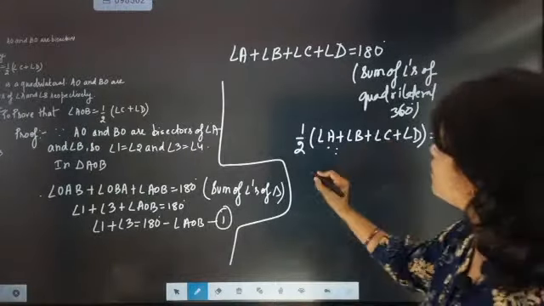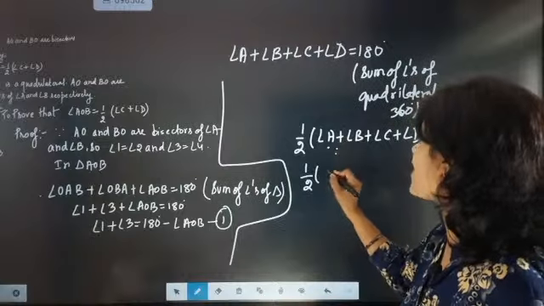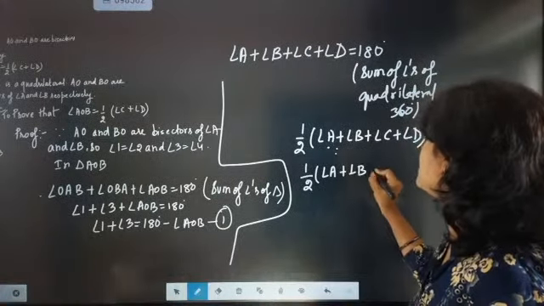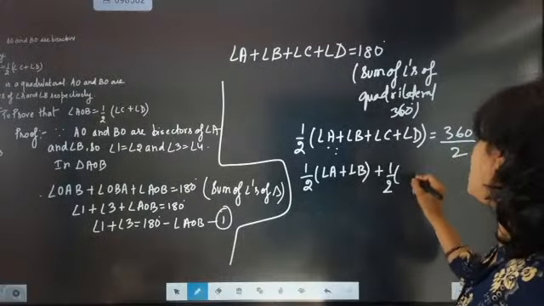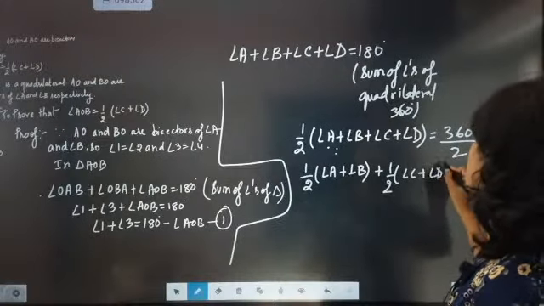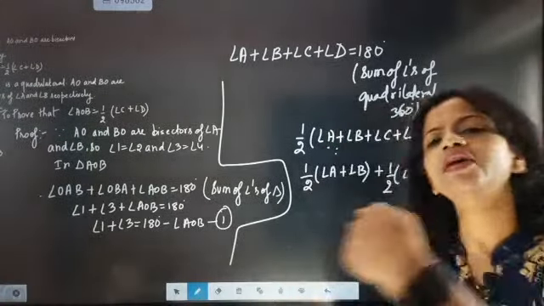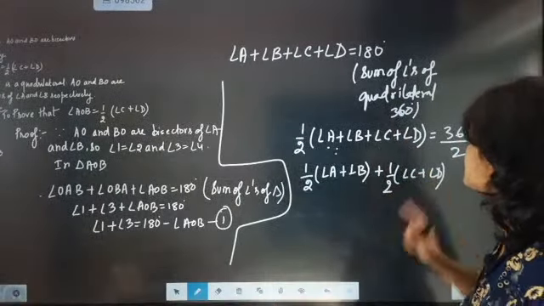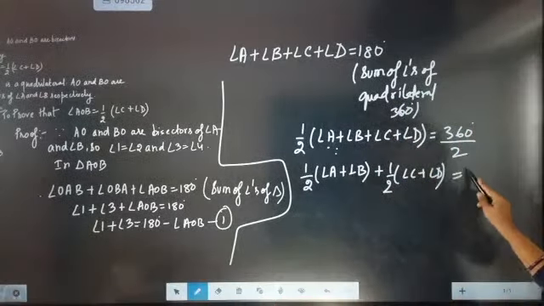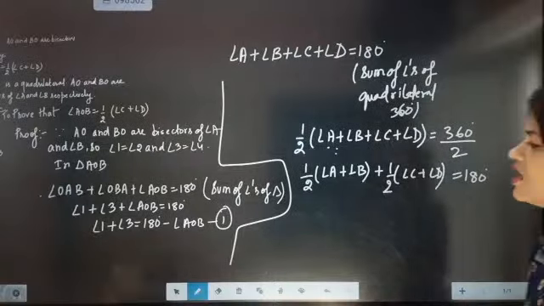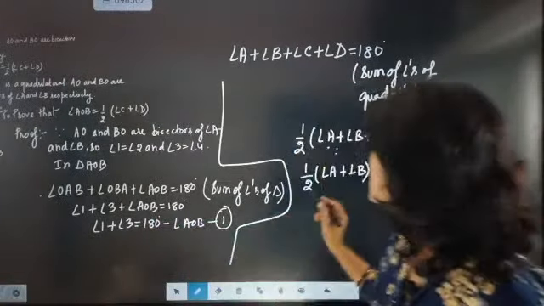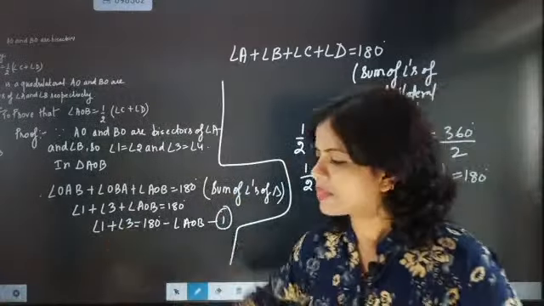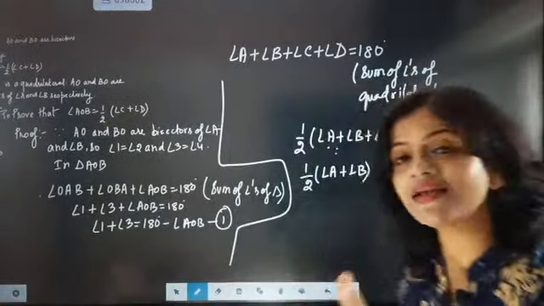So it is exactly going to come as half of angle A plus angle B plus half of angle C plus angle D. So what I did is distribute the half to angle A and angle B, and I have kept angle C plus angle D as it is. It is coming as 180 degrees. Now see, half of angle A and angle B. Half of angle A is angle 1 and half of angle B is exactly angle 3.